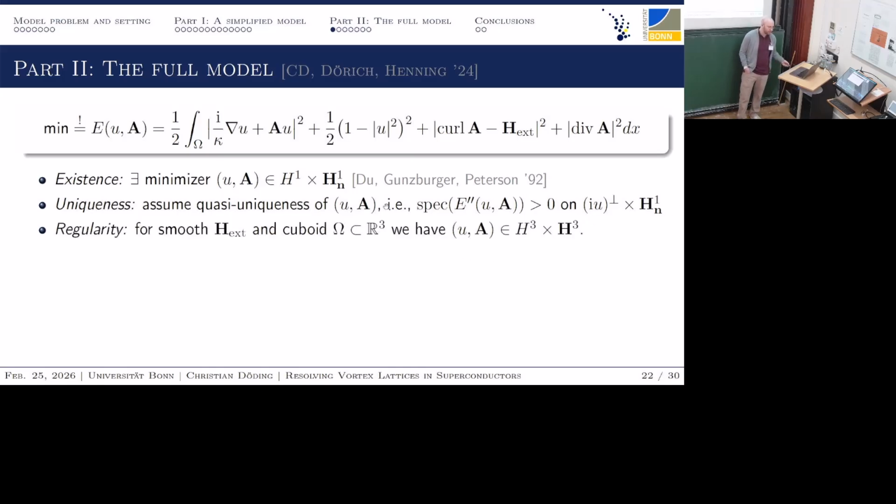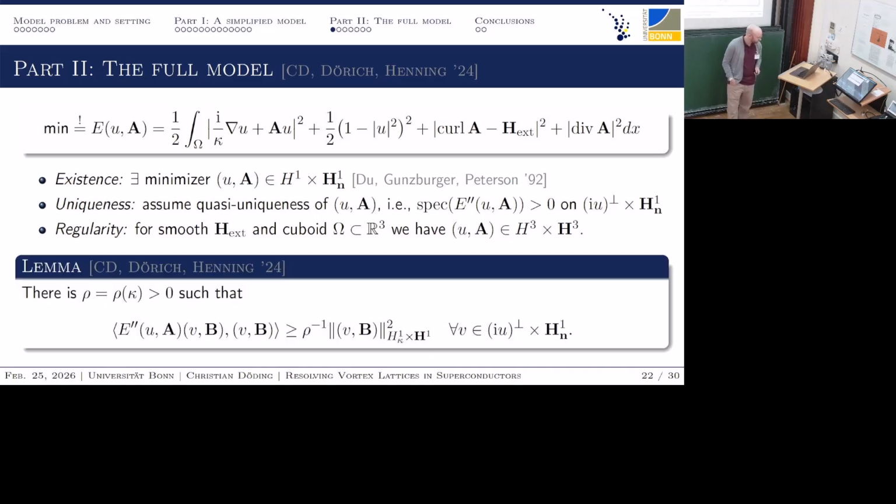And if the external magnetic field here is sufficiently smooth and we have a nice domain, let's say a cuboid for simplicity, we can actually prove that the minimizer is H3 regular in both components. And again, we obtain coercivity of the bilinear form induced by the second derivative here, again involving this coercivity constant 1 over rho.